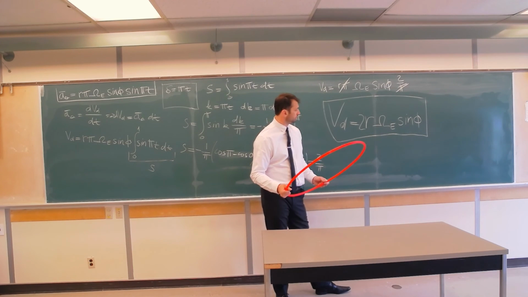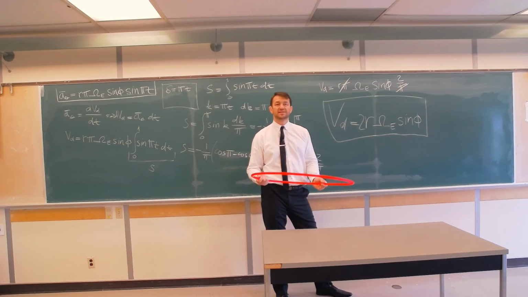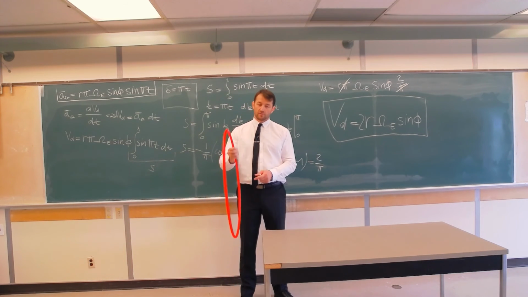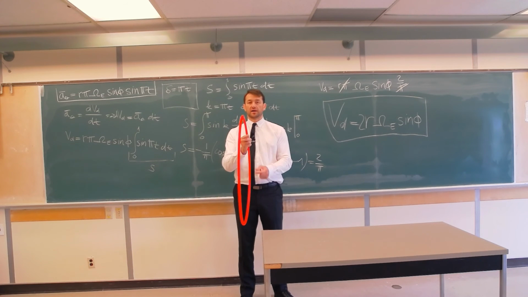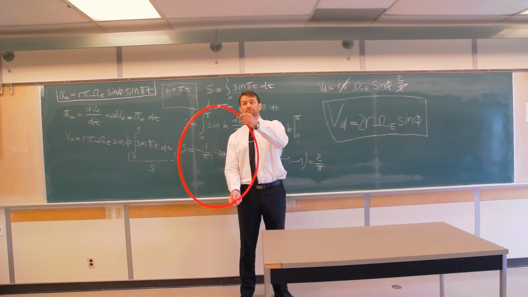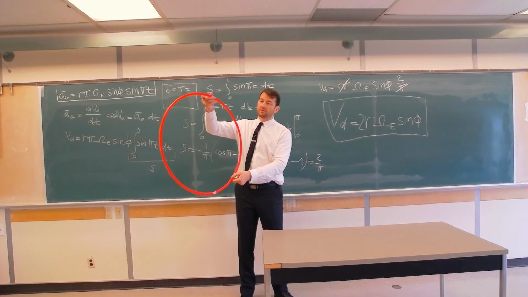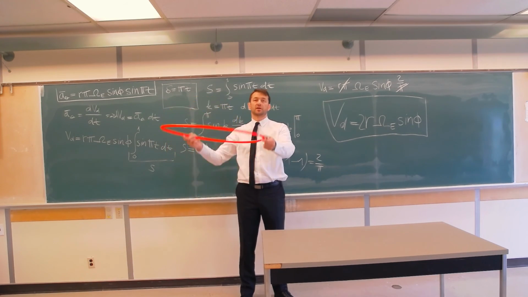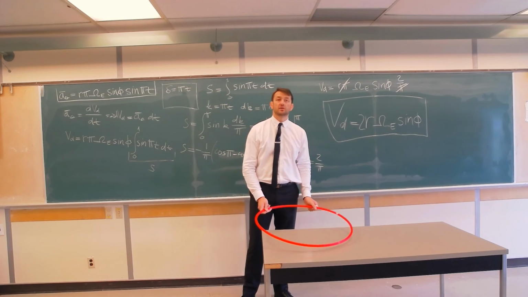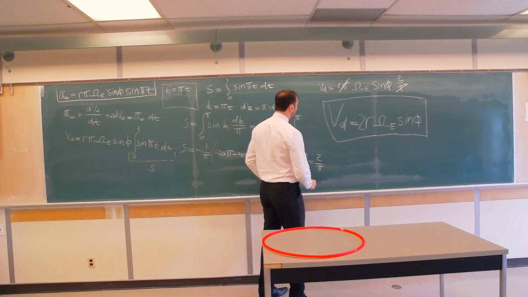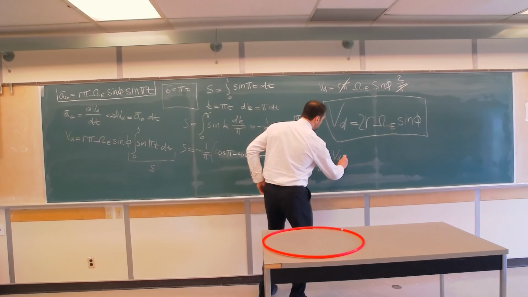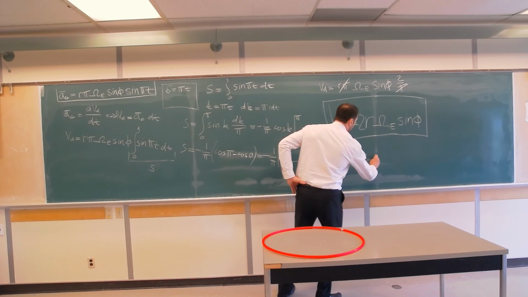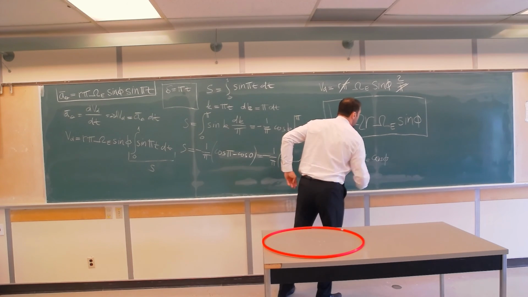Now, if you decide to conduct this experiment in a way that you start when the loop is vertical, like this, and now you flip it 180 degrees, so you go from vertical to vertical, you can do that, but the result that you will get is that the drift velocity is 2r omega e cosine of this angle phi.